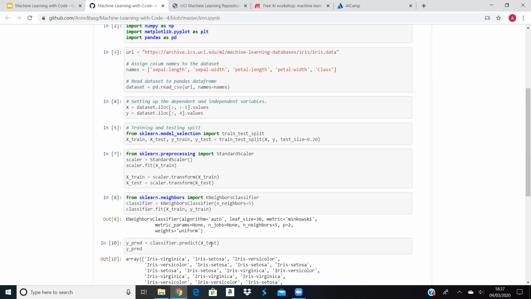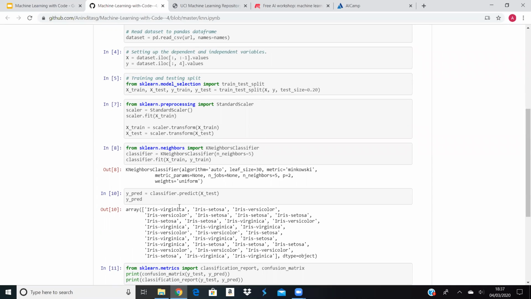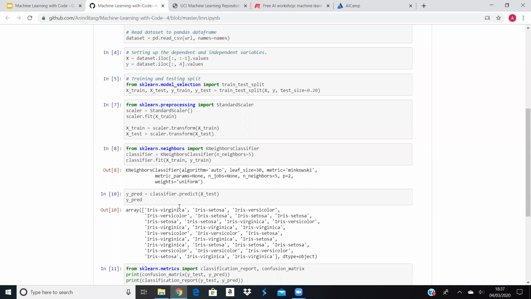Whenever you divide data into test and train, the test data will not have the actual values of the dependent variable. So we are just trying to predict it using our classifier. We can check all these. These are the different classes that they have predicted.